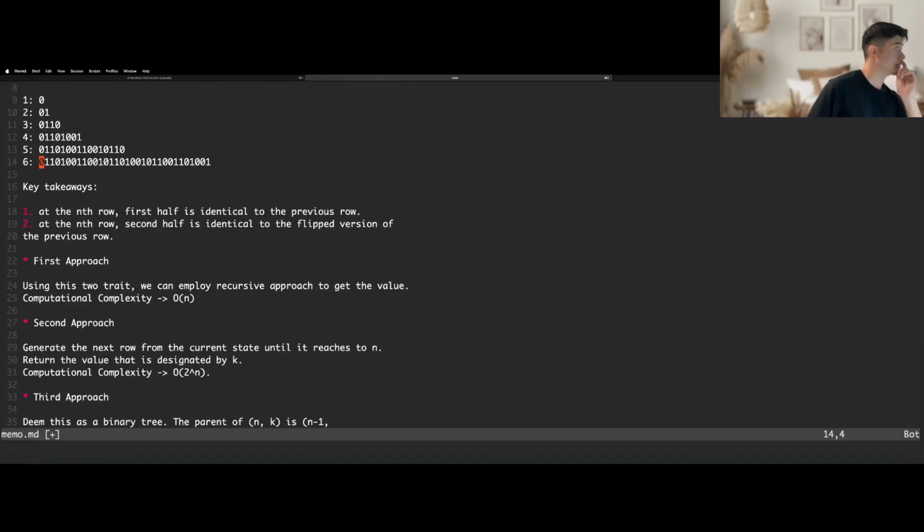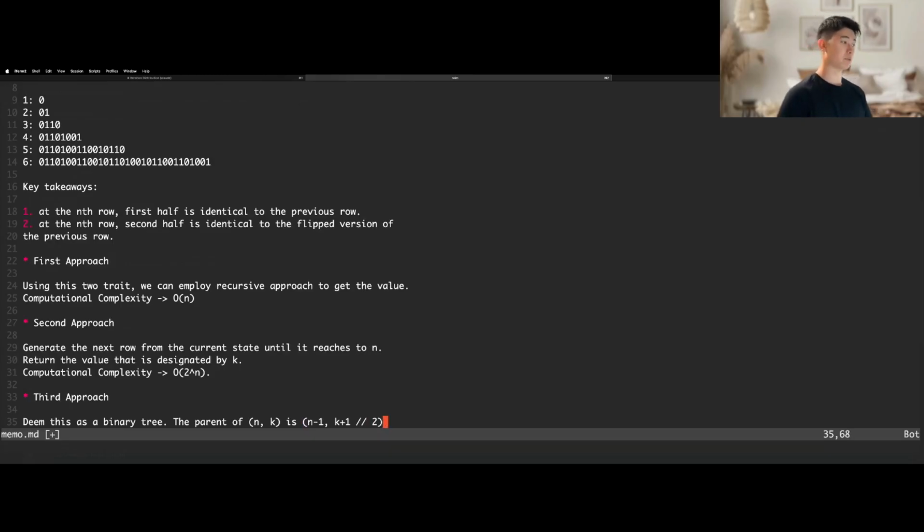So that means 2 and 3 divided by 2. So 2 divided by 2, 1. 3 divided by 2, 1. 4 divided by 2, 2. 5 divided by 2. So k plus 1 divided by 2.